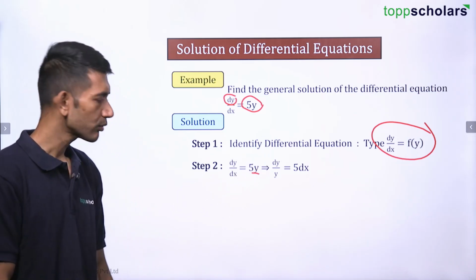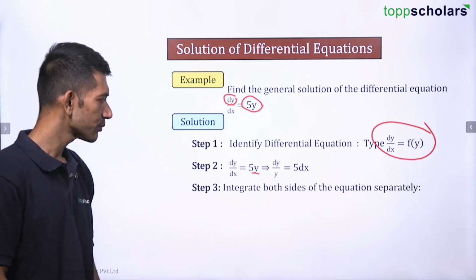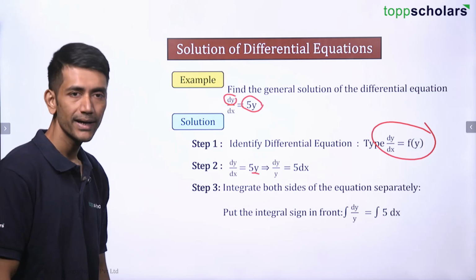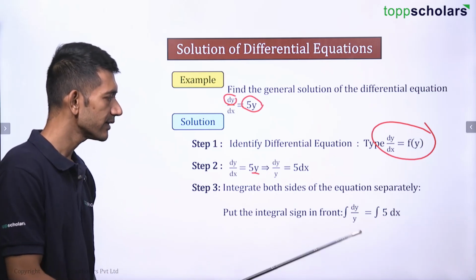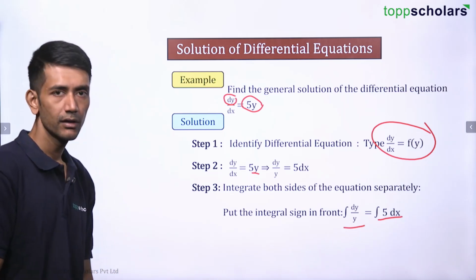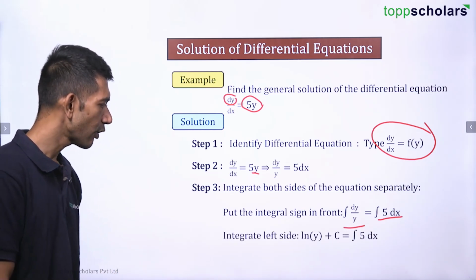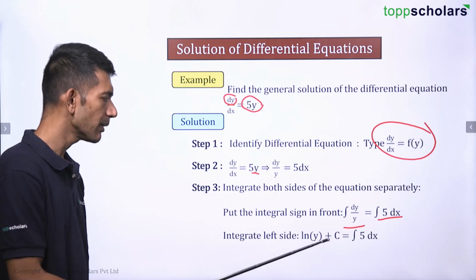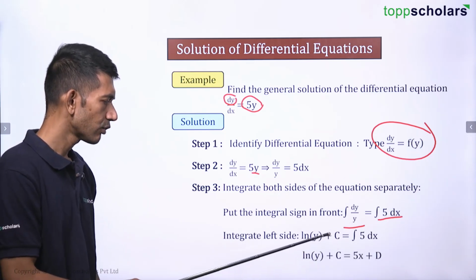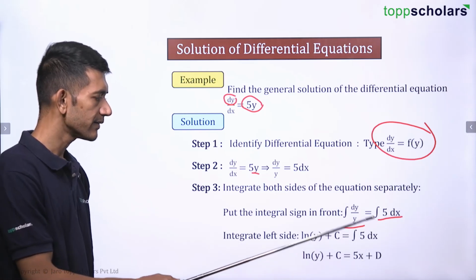Now we can integrate on both the sides. Once we integrate on both the sides, can I say integration of 1 by y dy is equal to integration of 5 dx. Integration of 5 is 5x. Integration of 1 by y is log y. So can I say log y plus c is equal to integration of 5 dx. So log y plus c is equal to 5x plus d.